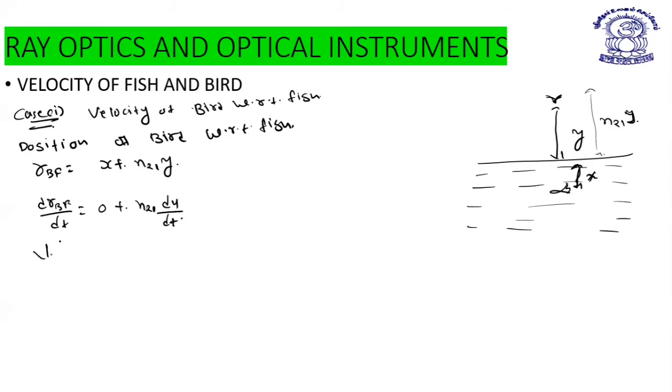So the velocity of bird with respect to fish is equal to N21 into the actual velocity of bird.